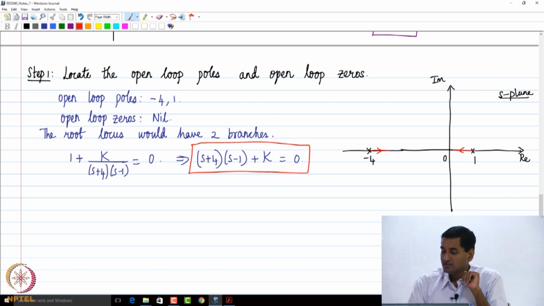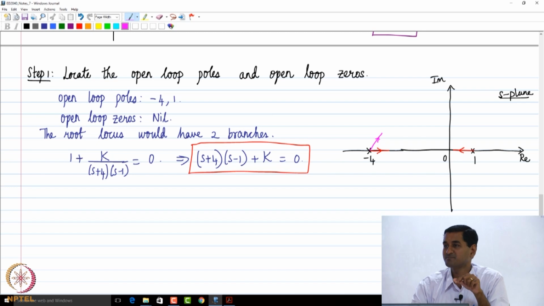Please note that -4 is on the real axis. Can a branch go anywhere other than the real axis? Please note what each branch indicates: each branch tells me the root of the closed loop characteristic equation. Suppose I have a branch from -4 starting like this and going like this.